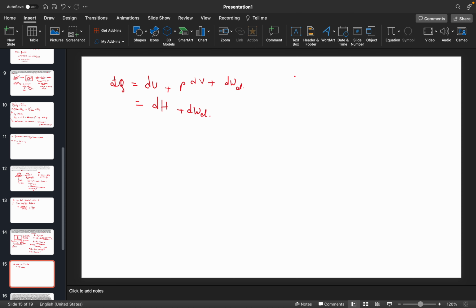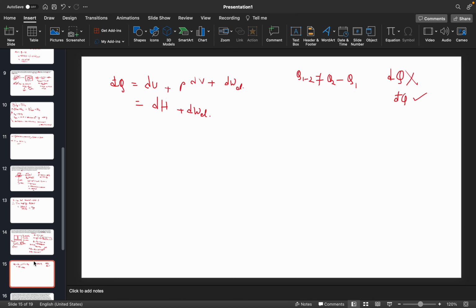This means that Q1 to 2 is not equal to Q2 minus Q1. That's why we cannot write dQ as this one, this is wrong. We have to write it this way, because this is the meaning of inexact differential, that is, it depends on the path.